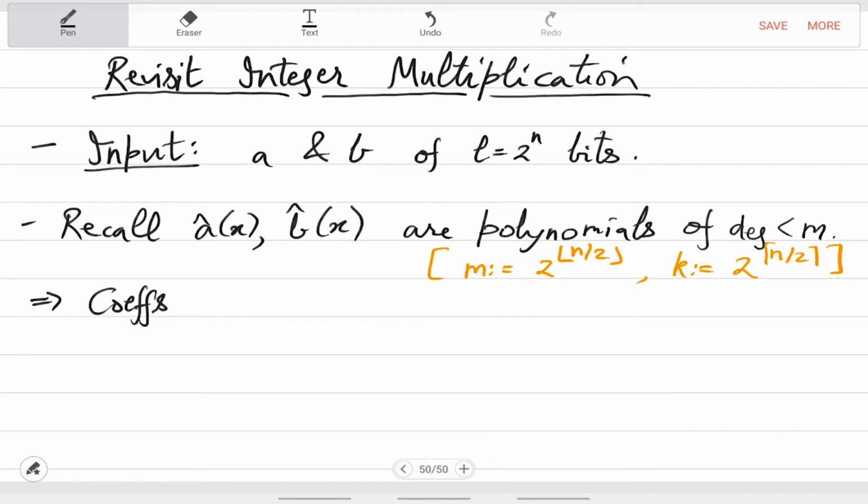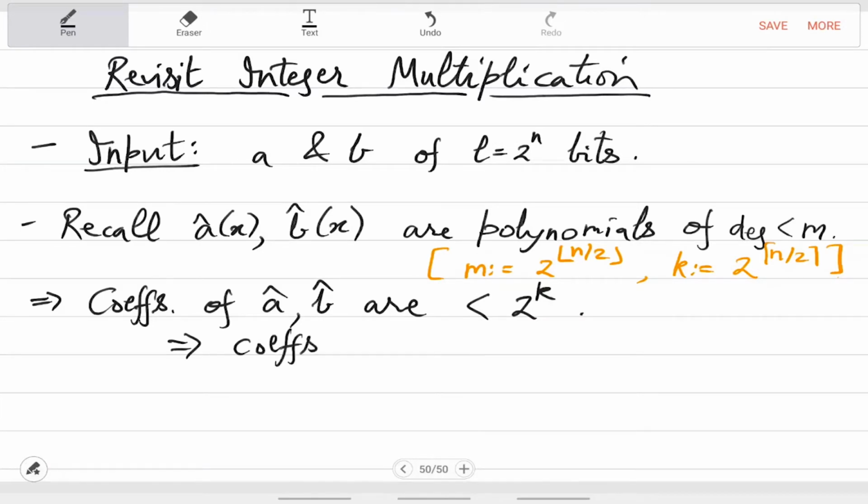The coefficients of A hat, B hat are at most 2 raised to k. In fact, they are smaller than 2 raised to k. They are only k bits. So what can you say about the coefficients of the product A hat times B hat?